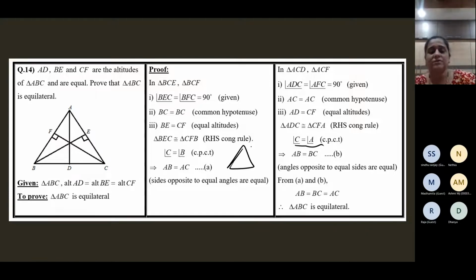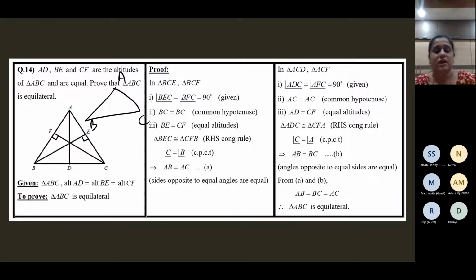So in the triangle ABC, C and A, opposite side, BC is equal to AB. The side opposite to angle C is AB.